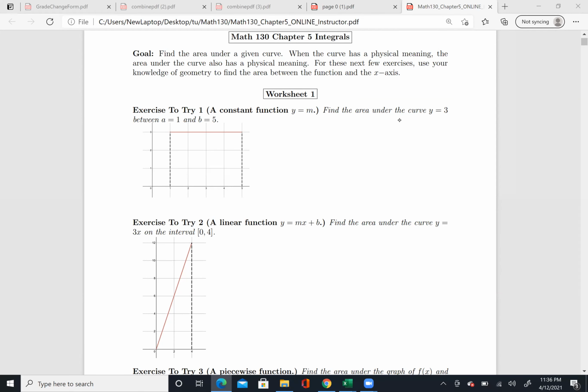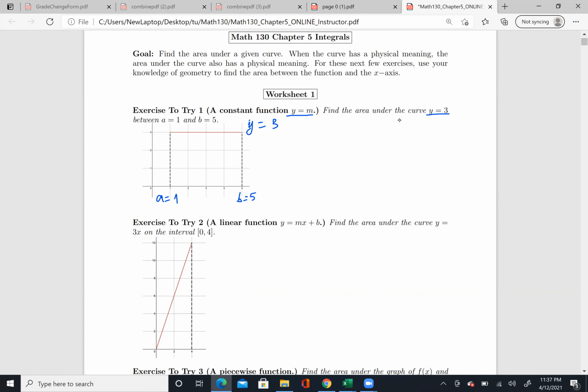So come to exercise number 1 over here. We have a constant function y equal to m. So in here we say the function y equal to 3, and in between a equal to 1 and b equal to 5. So we want to find the area under y equal to 3, right?